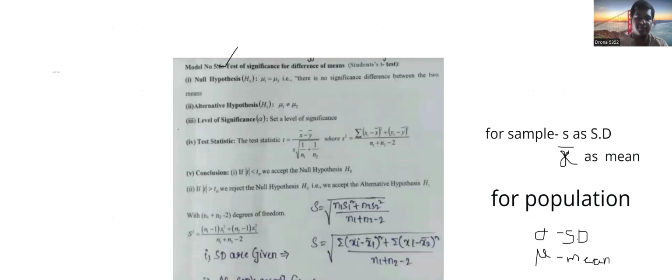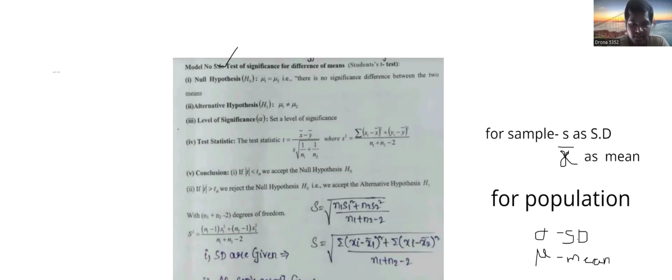Test of significance for difference of means. The procedure will be the same, but the formulas may change. Null hypothesis H0: mu1 equals mu2, that is, there is no significant difference between the two means. And alternate hypothesis: mu1 not equal to mu2, which is a two-tail test.